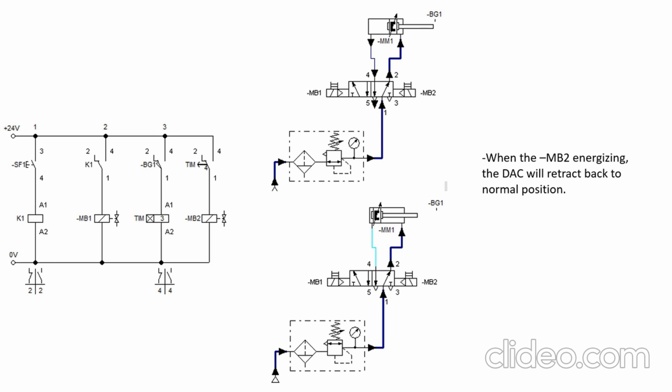So when MB2 is energized, the double acting cylinder will retract back to the normal position. So this is in normal condition.